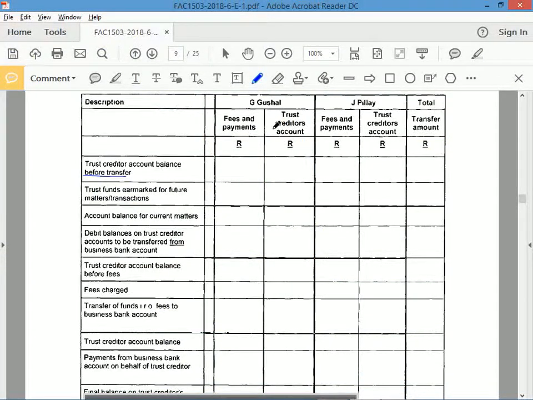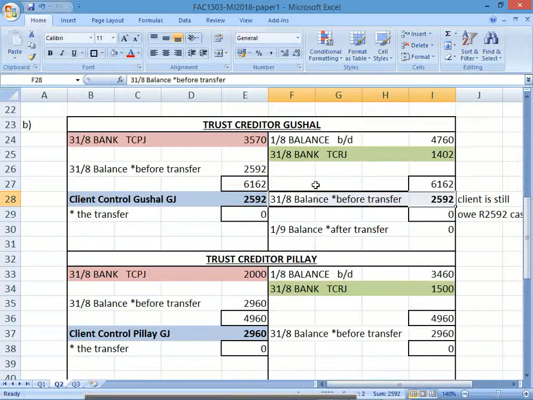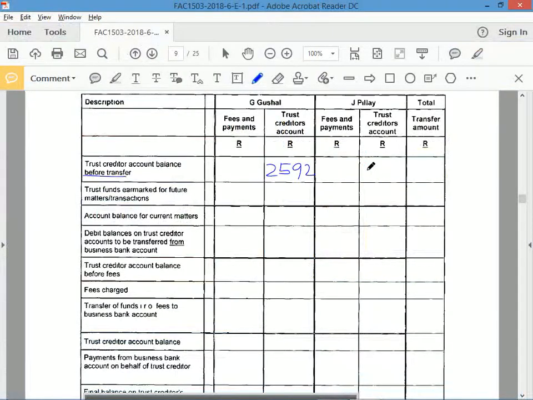Fees and payments, no, it wouldn't go there, it would go here. 2592. Let's put in Pillets as well because we've got the same thing here. Before transfer 2960. So I would have put that here. 2960. And then the total transfer amount, that will come later.